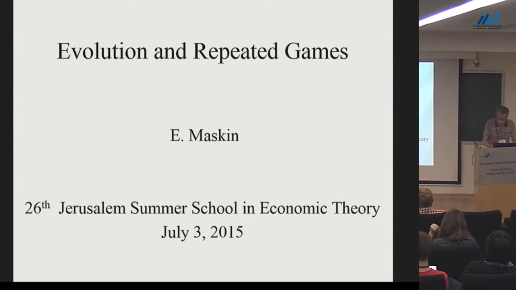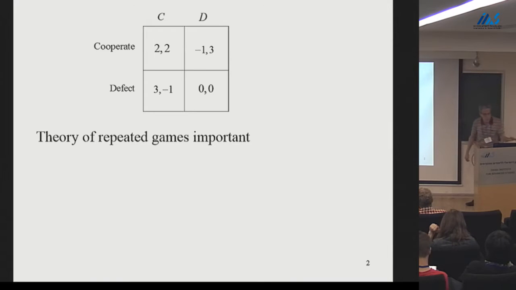Why repeated games? Well, that comes back to what I said in the very first lecture. Repeated games are important, in particular because they help resolve the conflict that we see in the prisoner's dilemma. In a one-shot prisoner's dilemma, there's a stark contrast between what is good for the players as a group, cooperating, and what is good for a player as an individual, defecting.